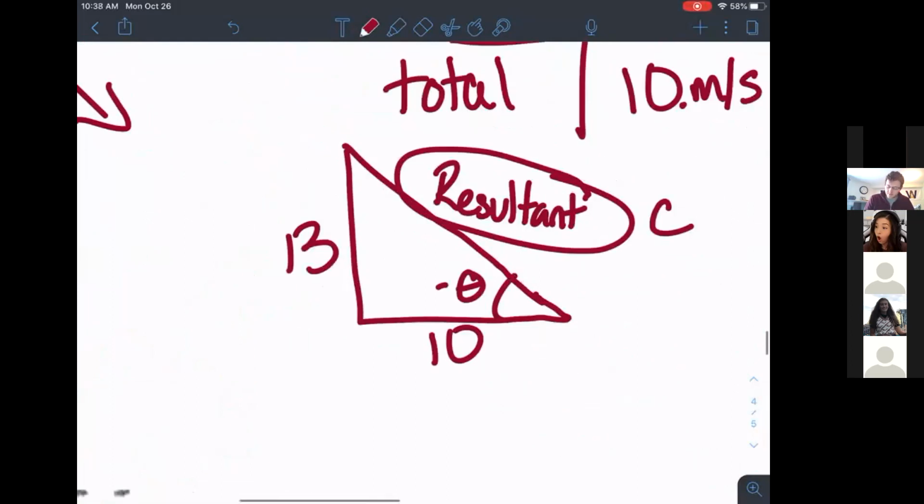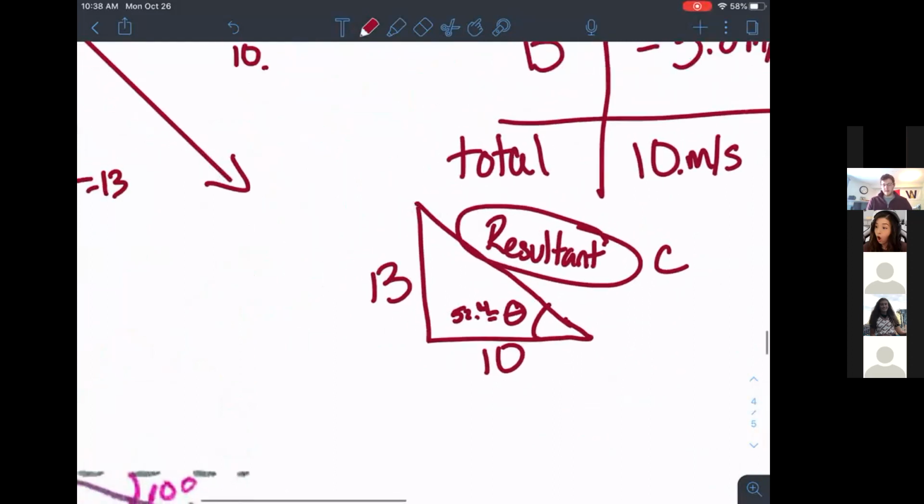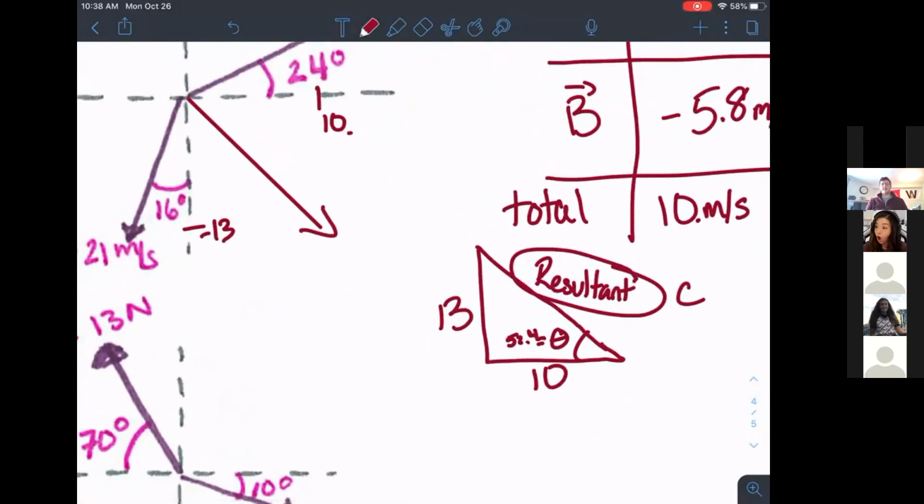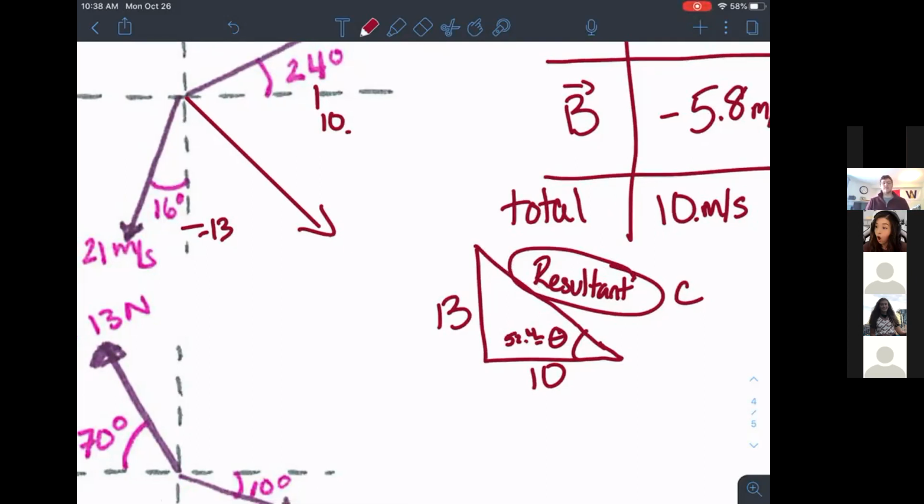So this theta equals 52.4. All right. So now if I'm putting that on my triangle, where am I going to put that? If I'm putting it back on the graph. Any ideas? Next to the 16? Yeah, next to the 16, across the 16.